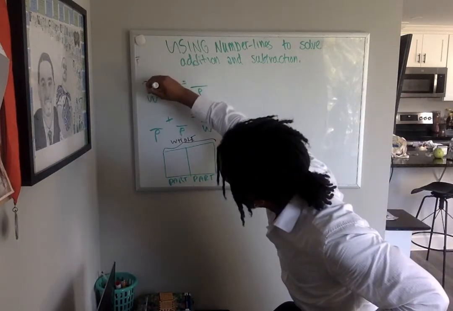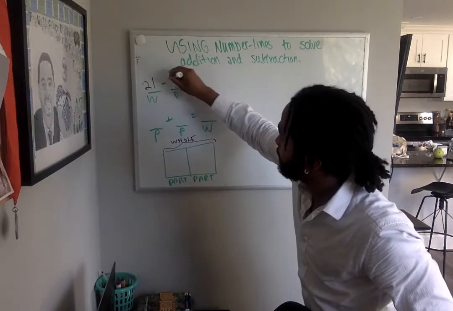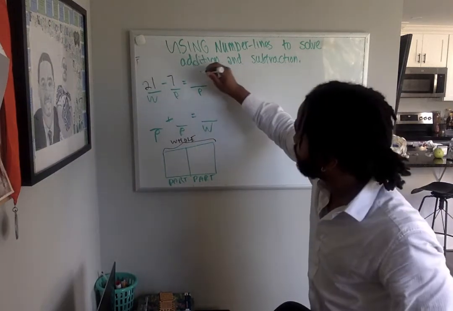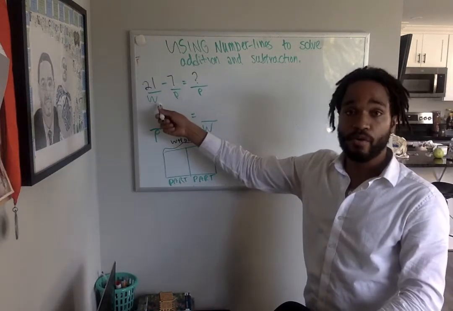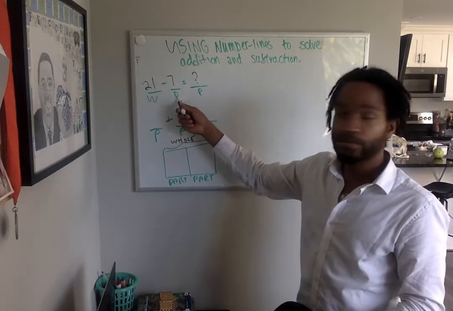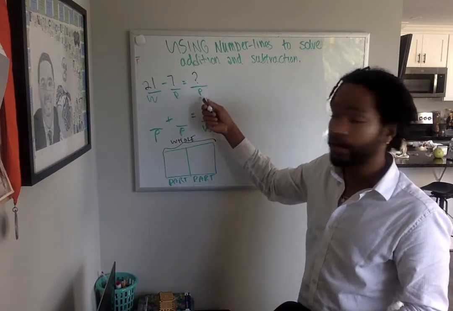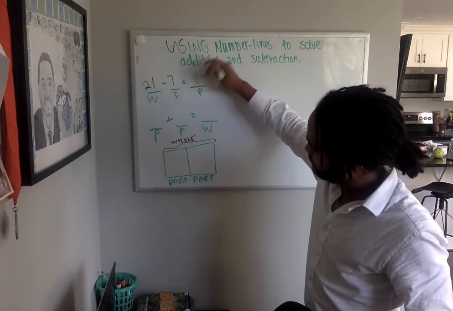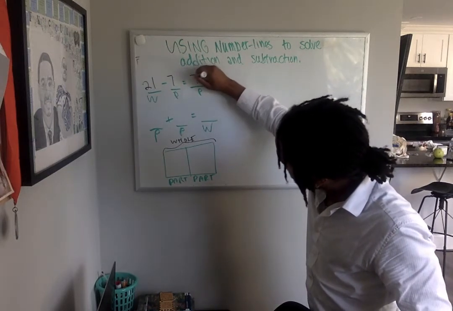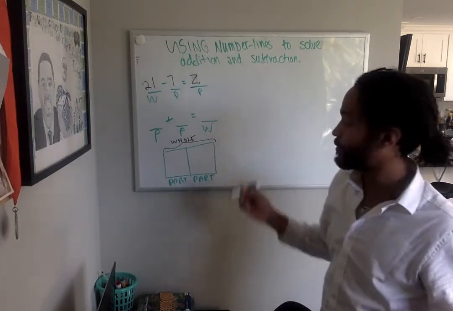Let's say it's 21 minus 7, and you're trying to find that answer. 21 would be the whole, 7 would be a part, and we don't know this missing part. Let's just put the missing part as Z, just because.